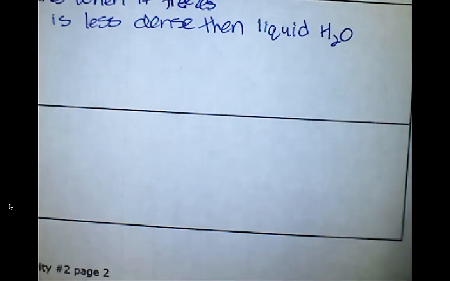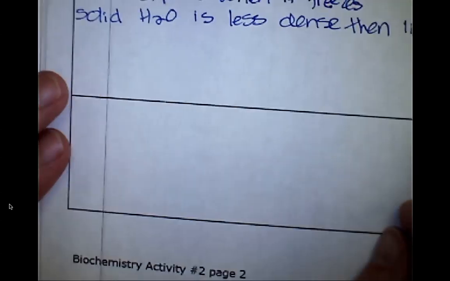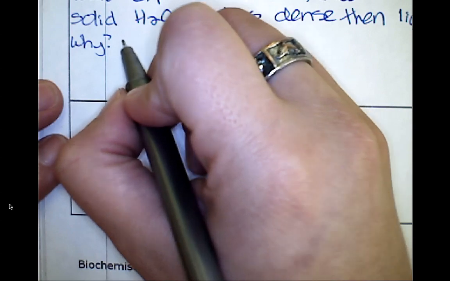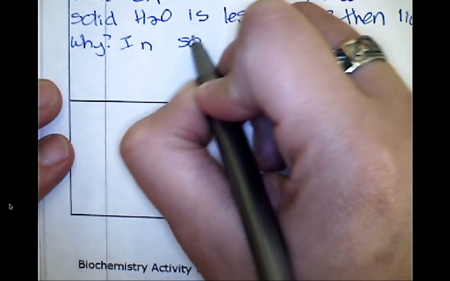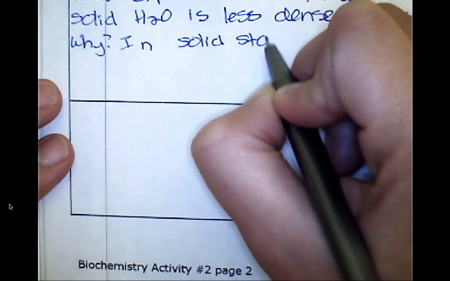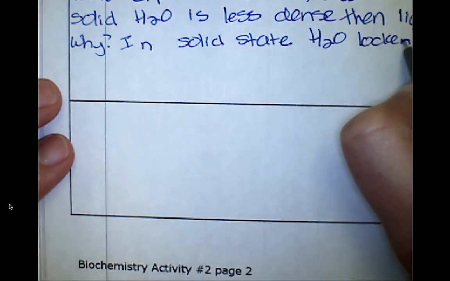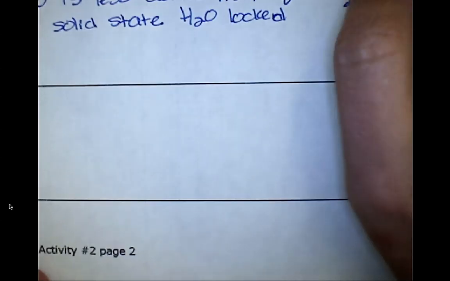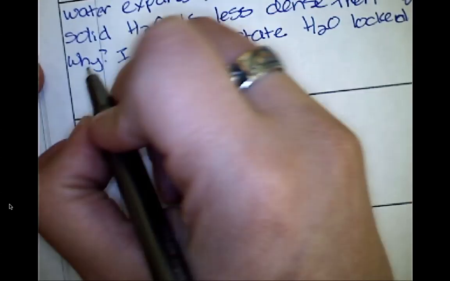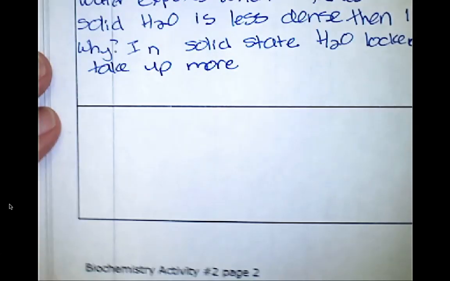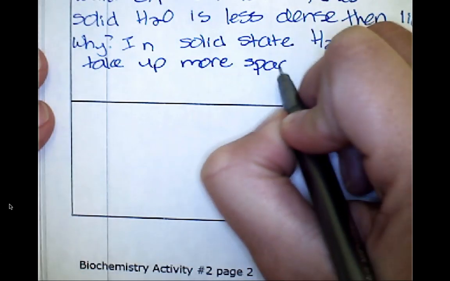So why is it less dense? Because in the solid state, water is locked, because it's so cold, into hydrogen bonds, which actually take up more space. So there's more space in between the molecules, so it makes the ice less dense.